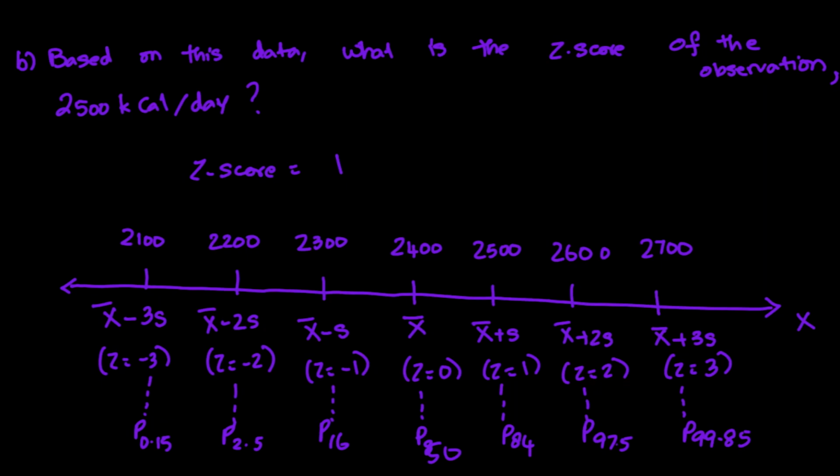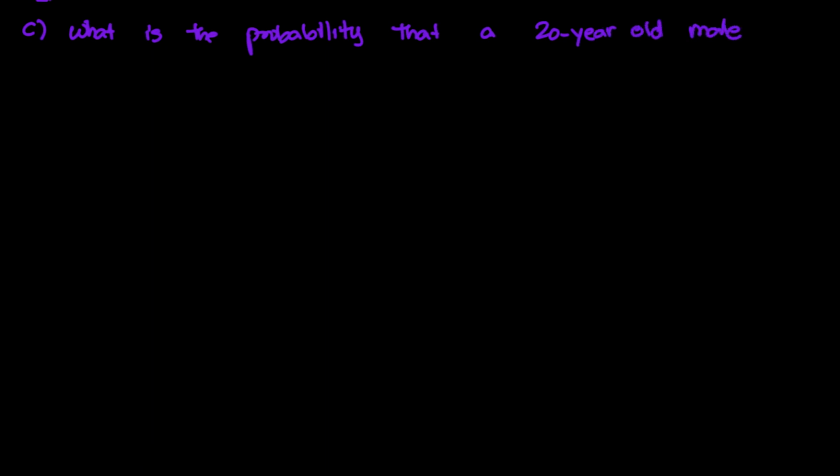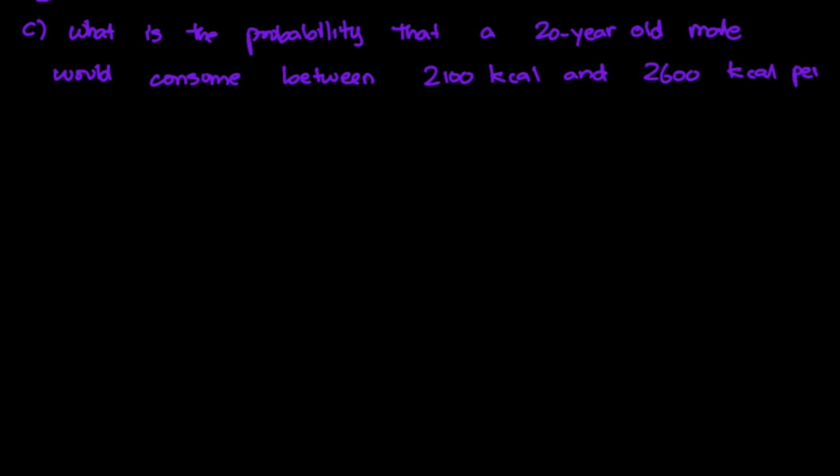So for instance, if I want to know the probability that someone would consume between 2100 and 2600 kilocalories per day, what is the probability that a 20-year-old male would consume between 2100 kilocalories and 2600 kilocalories per day?